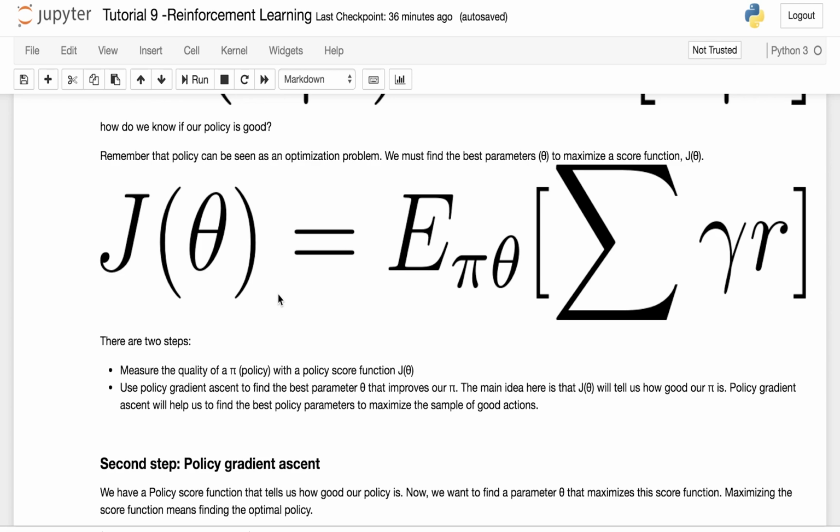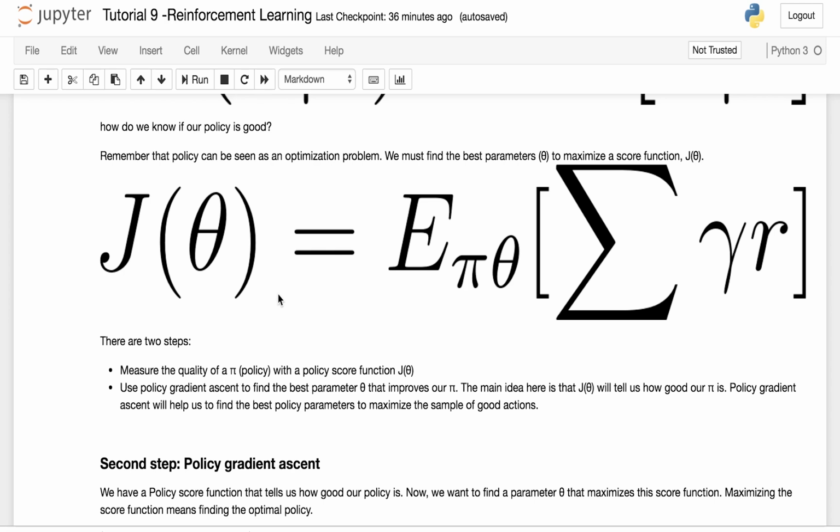Before, we saw optimizations done with gradient descent, which finds the minimum. Here we want to maximize our policy, which is optimization in the opposite direction.